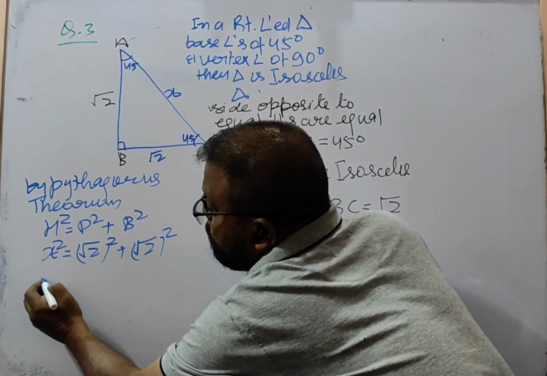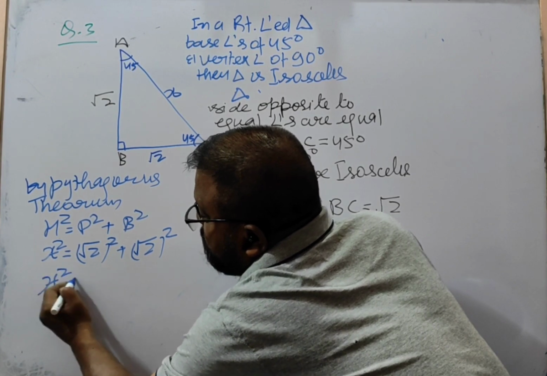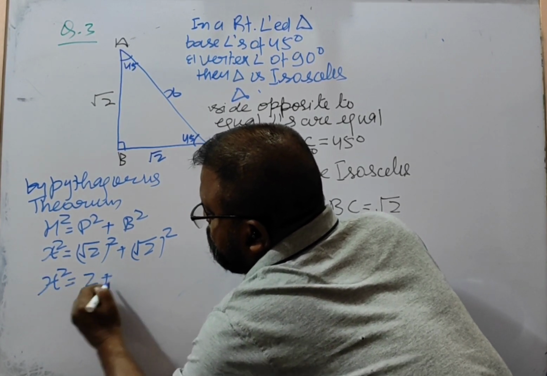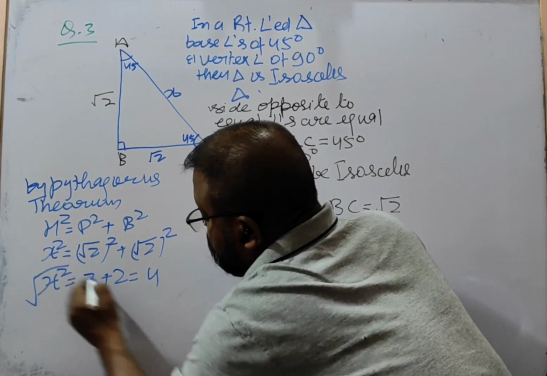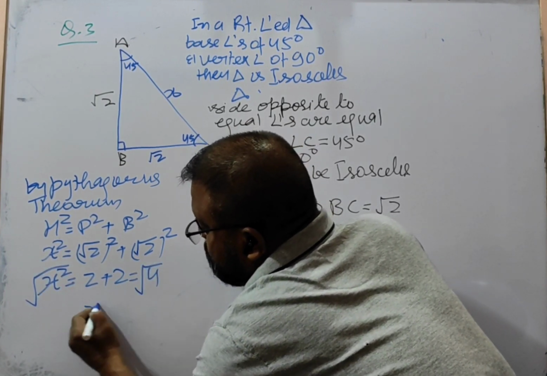So it becomes x square is equal to 2 plus 2 is equal to 4. Taking the square root both sides, we get x is equal to 2.